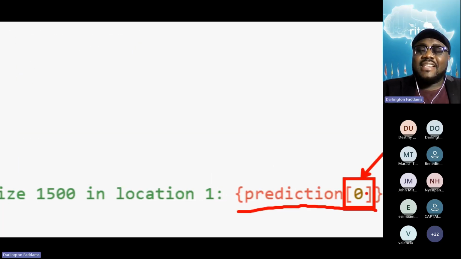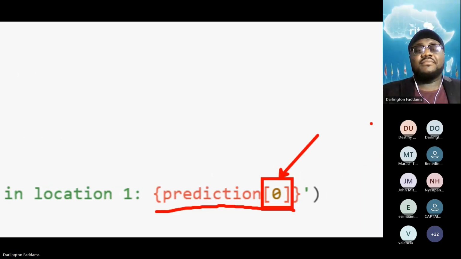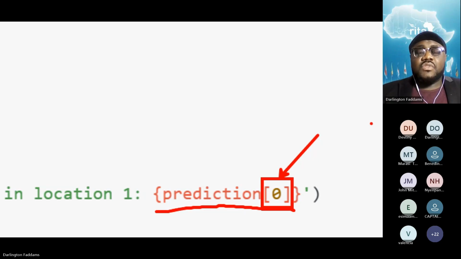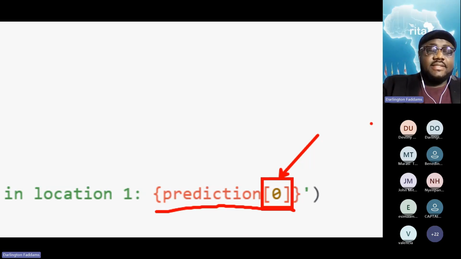Does anyone understand what I just said? Okay, thank you. So the answer comes as a list. So whether you are expecting one answer or three answers, if you're expecting one answer, you still have to ask it to give you index 0 because it will store it in the first index.